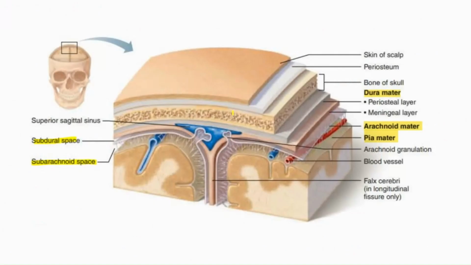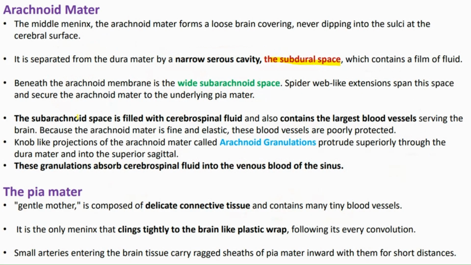Now, this space is very, very important. Why? Because it contains a very important fluid, which is the cerebrospinal fluid. It also contains the largest blood vessels that serve the brain. Because the arachnoid mater is fine and elastic, these blood vessels are poorly protected.